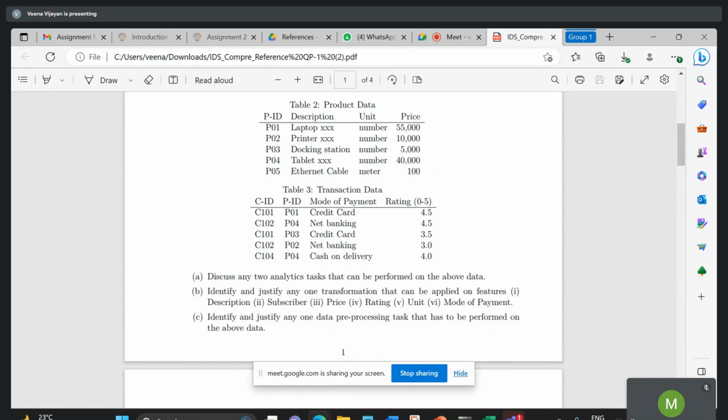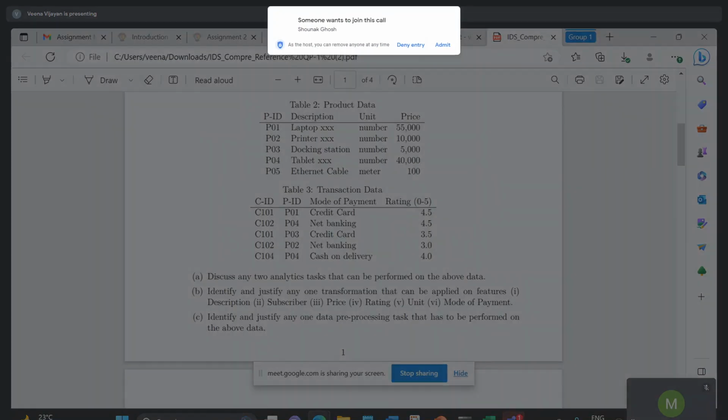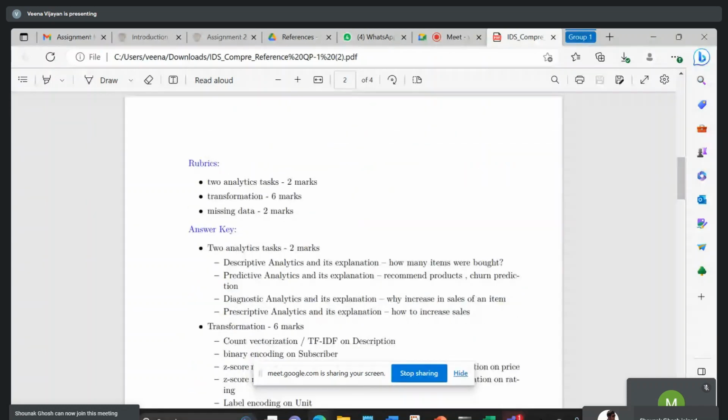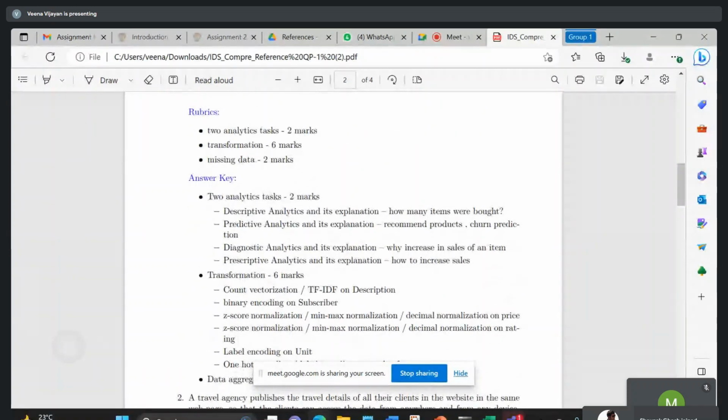That's why we are not using label encoding on the rating parameter. It's nominal data, but still we are not using label encoding on it. So that's why we are using normalization or the second option, Z-score. I think Z-score is not useful, and min-max normalization is also not. Decimal normalization might be useful for that specific use case.